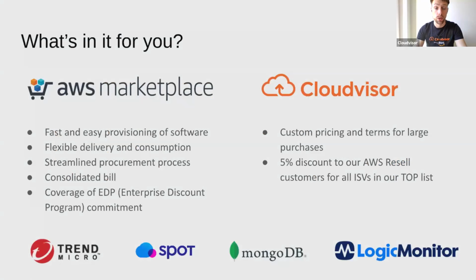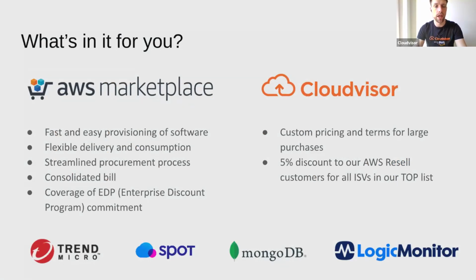One may ask, why should I buy this through AWS Marketplace instead of the old usual way of doing that directly? Well, there are clear advantages for the engineering and development teams, like fast and easy provisioning of software and, of course, flexible delivery and consumption.